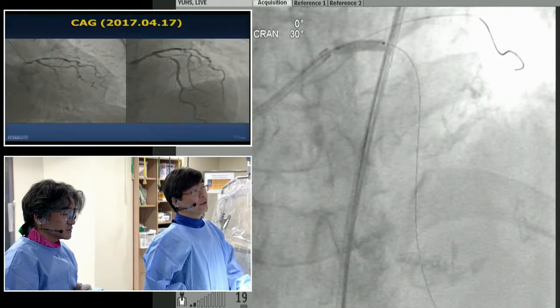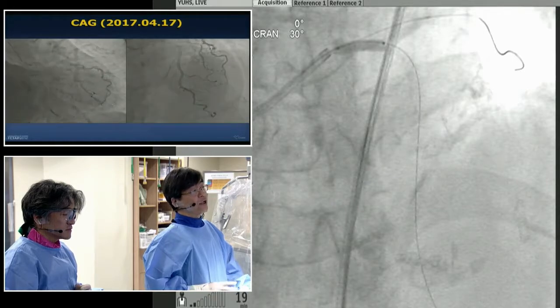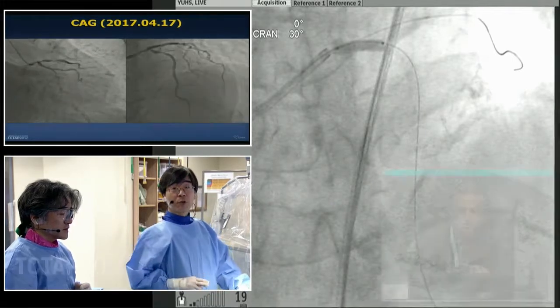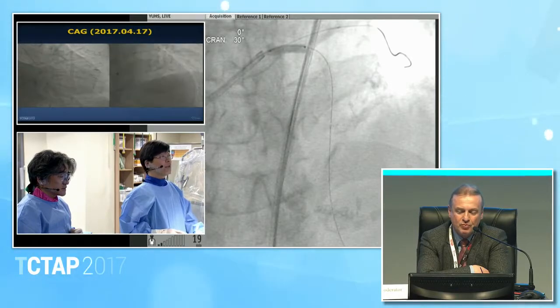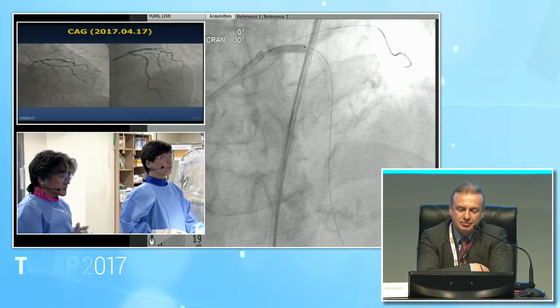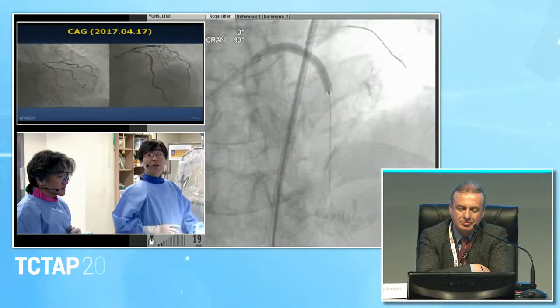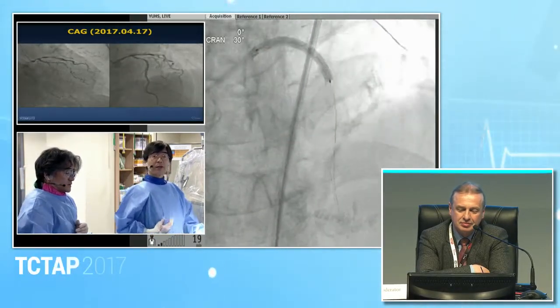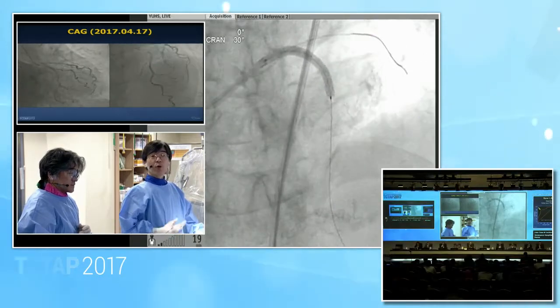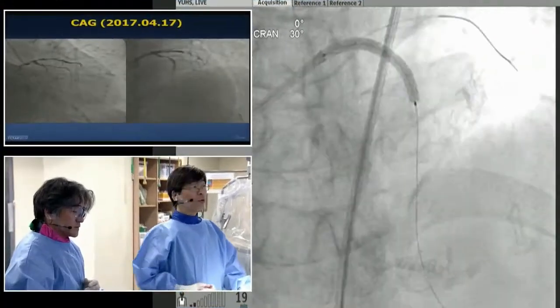What is the size of the balloon? That is a non-compliant balloon. This is important. Yeah, 3.5. And then? Next. Okay, actually this is a 3.0. I know that it's a small size for the left main. We will dilate the left main with more.